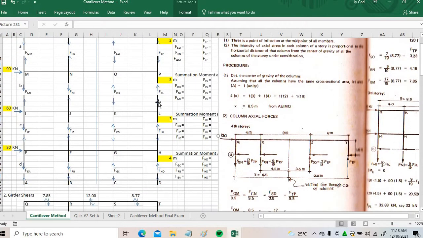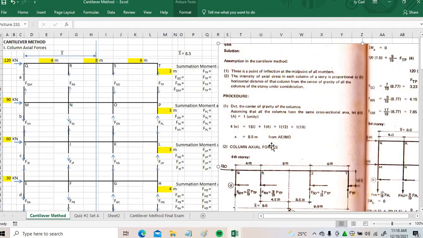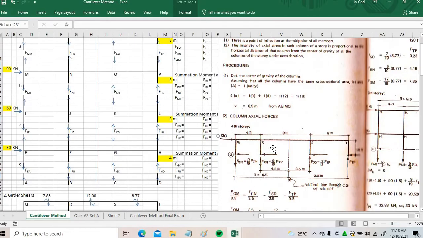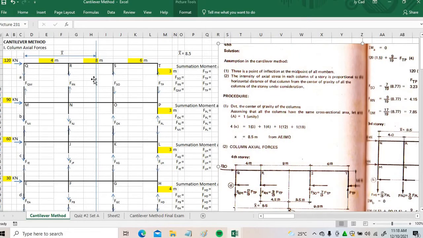Yung letter numbering niya, nag-start dito sa baba A, B, C, D, E, F, G hanggang Q, R, S, T. And then, yung forces, okay, ang nagre-resist dito sa 120 kilonewton would be this 4 columns.